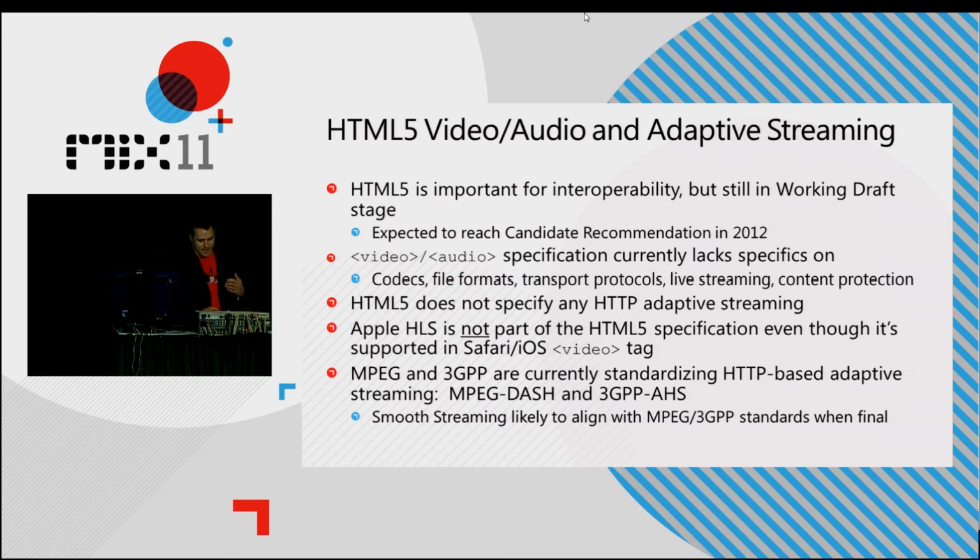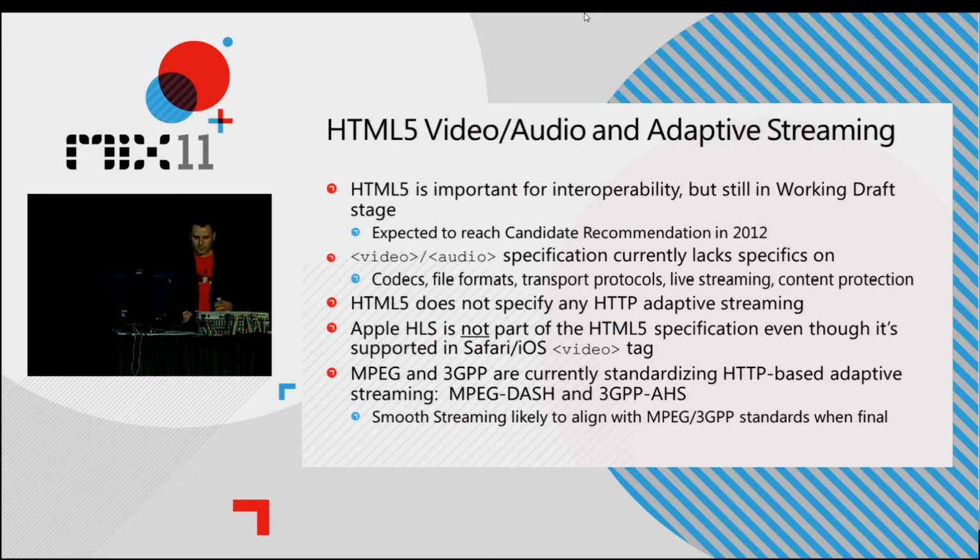Now, I say that, and you might be thinking, well, wait, I was just delivering adaptive streaming video over HTTP to my iPhone to an HTML5 page. How does that work? Well, just because the spec doesn't mention it doesn't mean you can't add it. So Apple, in this case, for example, has added support for their HLS, HTTP Live Streaming, which is an adaptive streaming method, to their implementation of HTML5 on Safari and on iOS.